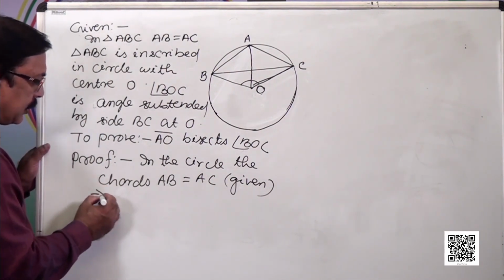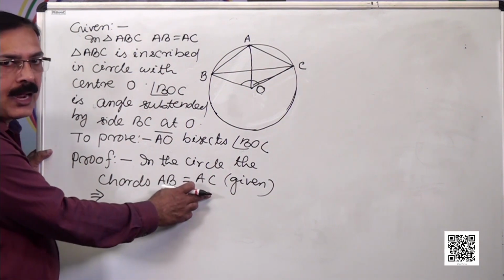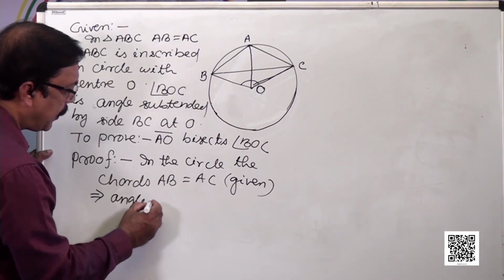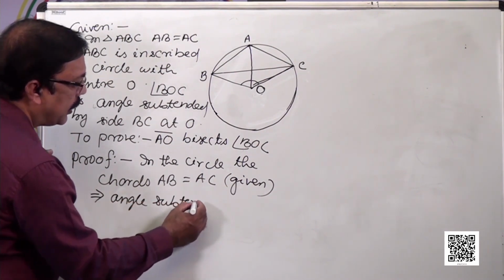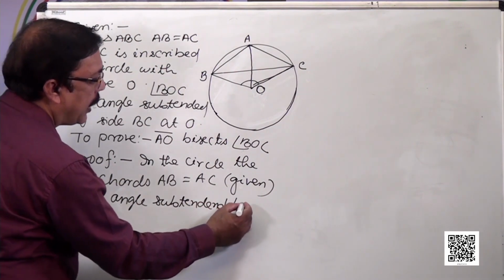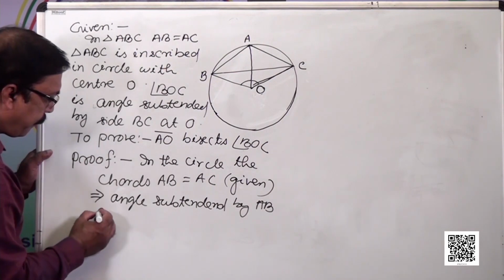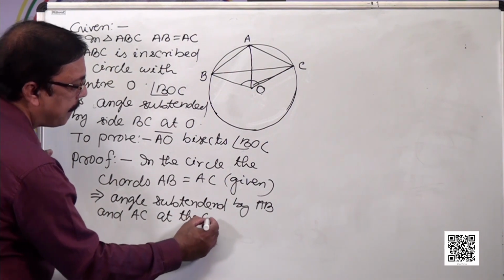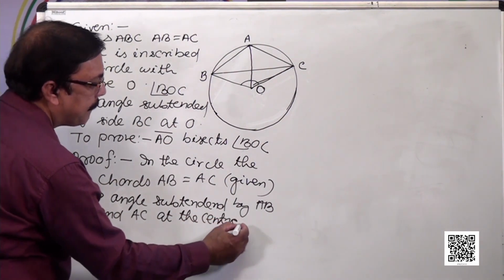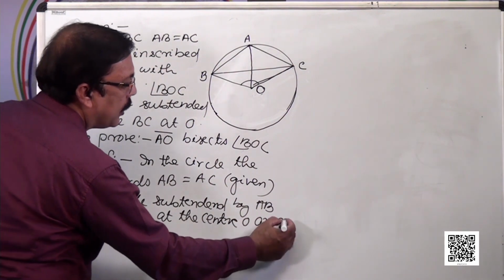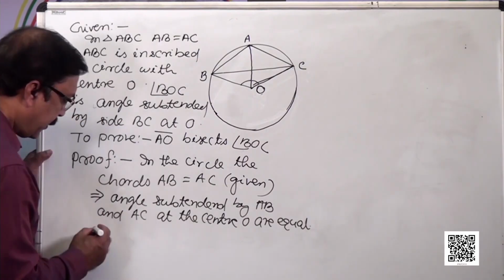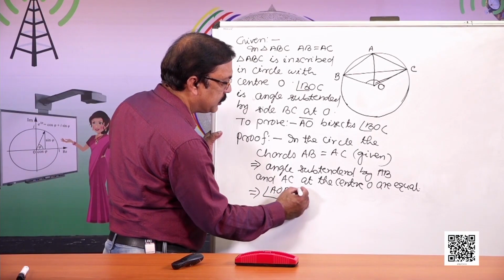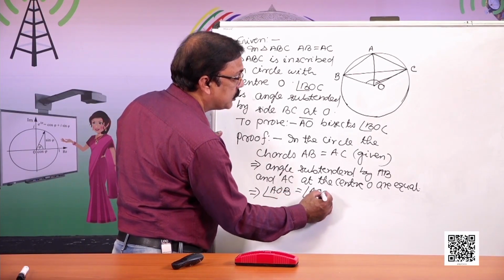This implies the angles subtended by AB and AC at the center O are equal. This implies angle AOB is equal to angle AOC.